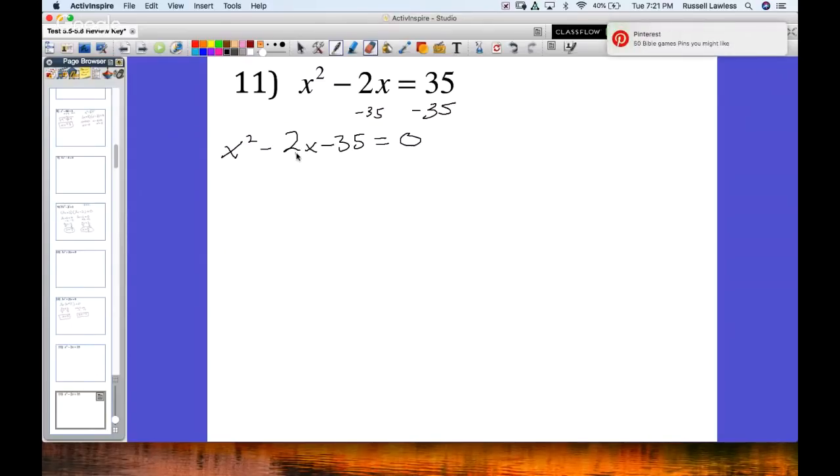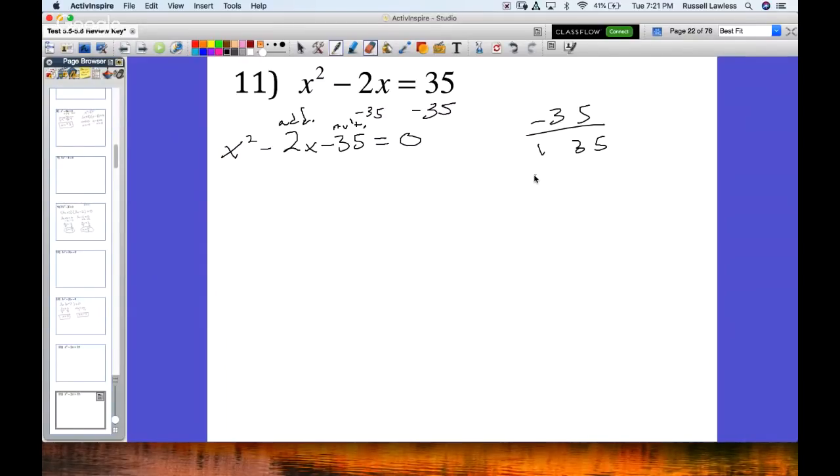If I'm trying to solve it, I need to think, okay, what multiplies to 35 that adds to -2? So I'm going to look at 35, or really -35. 1 times 35 works. 2 doesn't go into 35. 3 doesn't go into 35. 4 doesn't go into 35. 5 does. 5 and 7 goes into 35.